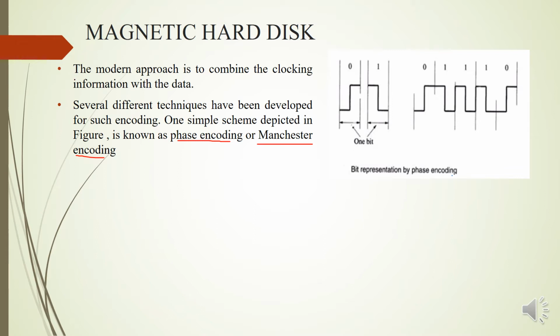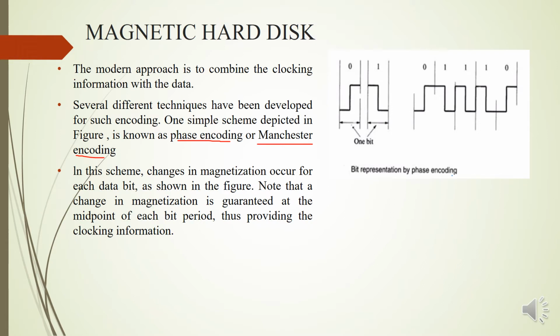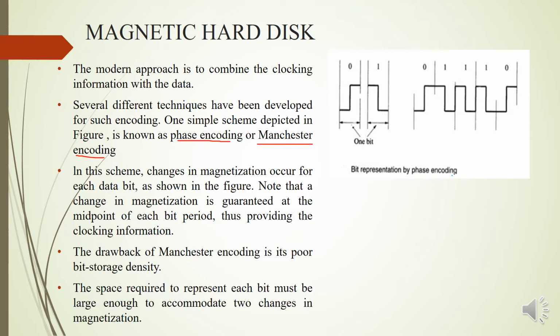In this scheme, changes in the magnetization occur for each data bit, and the change is guaranteed at the midpoint of each bit period, thus providing the clock information along with the data bits. The drawback of Manchester encoding is its poor bit storage density. The space required to represent each bit must be large enough to accommodate two changes in the magnetization.